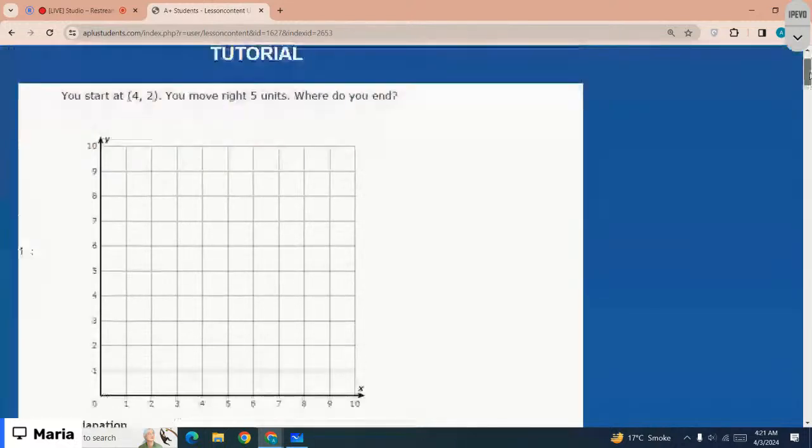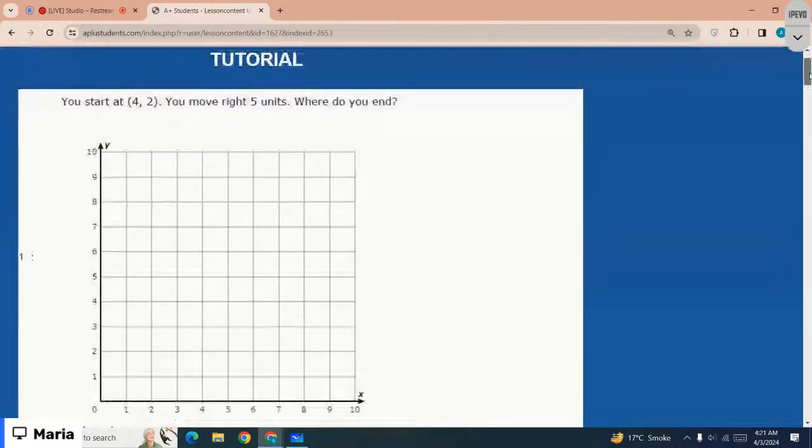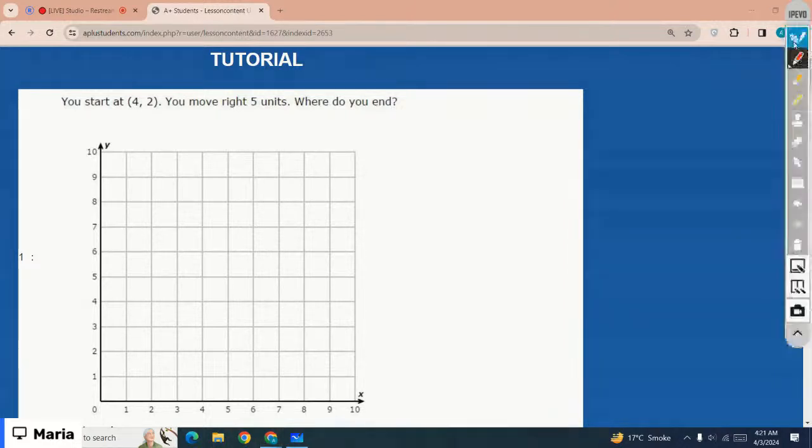You start at 4, 2, right? X is 4, y is 2, right? Here is x 4 and here is y 2, right? 4 and 2.